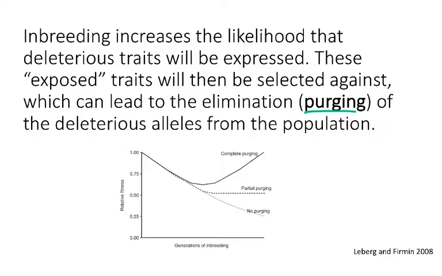So the effect would look something like this. In this graph here, we have generations of inbreeding on the x-axis and relative fitness on the y-axis. So overall, once inbreeding starts, we see a reduction in fitness. But if purging happens, we start to see an increase again in fitness because what's happening at this inflection point here is basically all of the individuals with those lethal recessive mutations are dying.